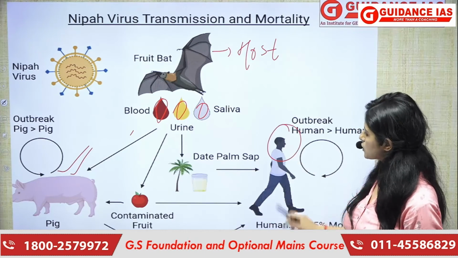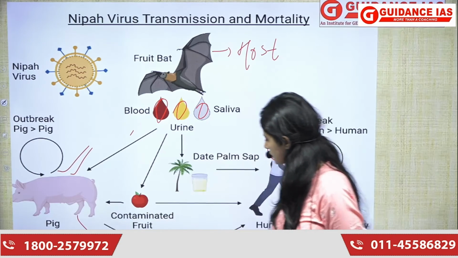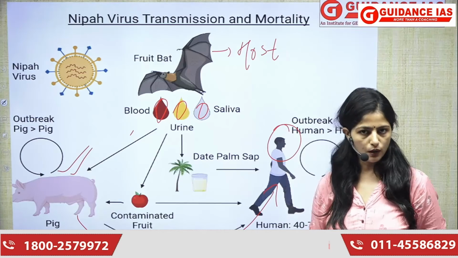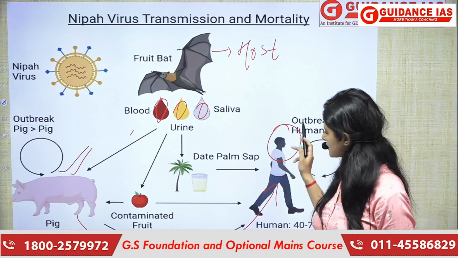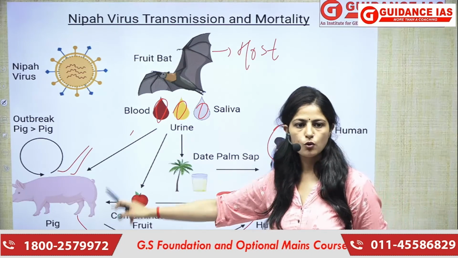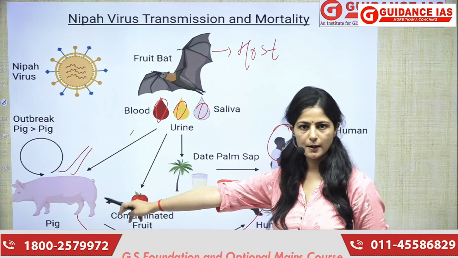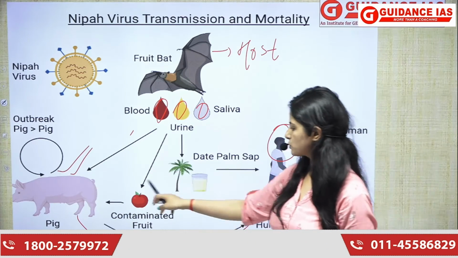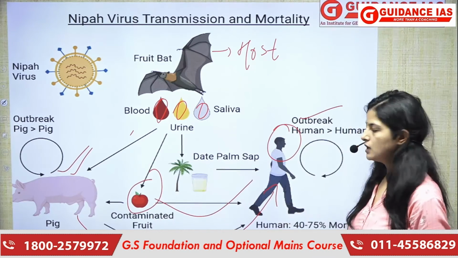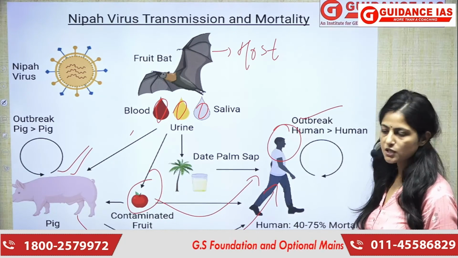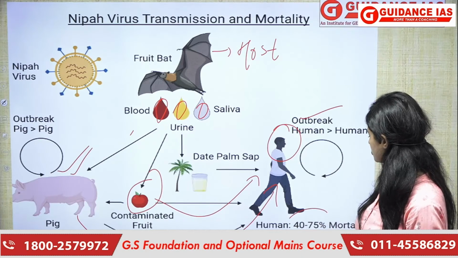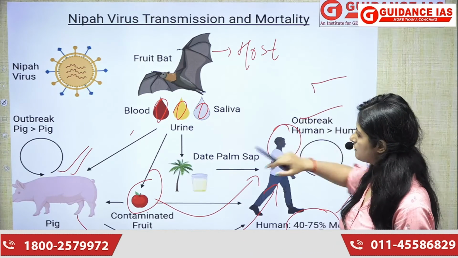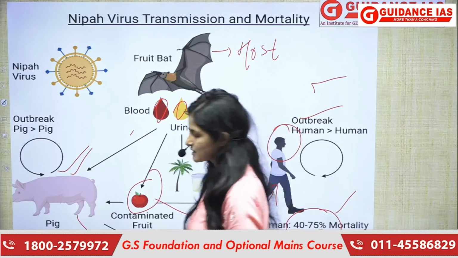Any human being who comes in contact with an infected animal, could be pigs, could be dogs, we also get infected with the same virus, or suppose we eat that contaminated fruit, then we can also get the contamination from that. Around 40-70% is the mortality rate of this.